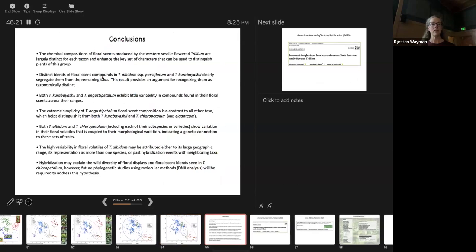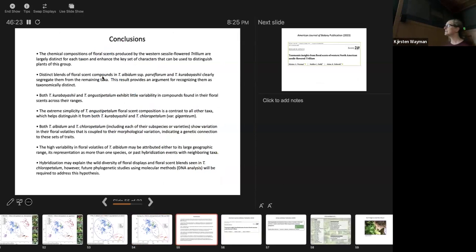So just to summarize here, the chemical compositions of these floral scents are largely distinct for each taxon. Even though there's some overlap, we can see that they enhance the set of characters that we can use for each of the species to help distinguish them. And we saw very distinct blends of floral scent composition for Trillium albidum subspecies parviflorum, or if we want to call it Trillium parviflorum.